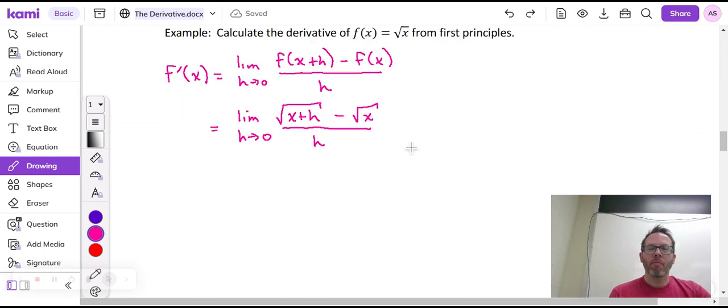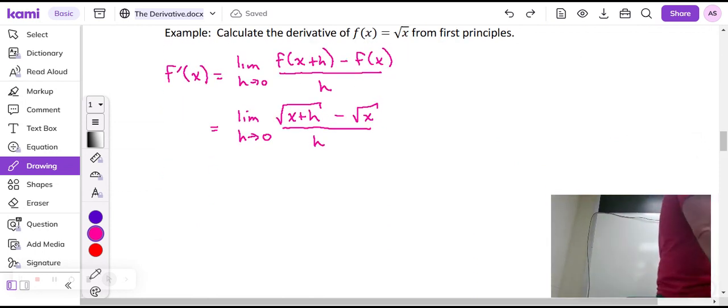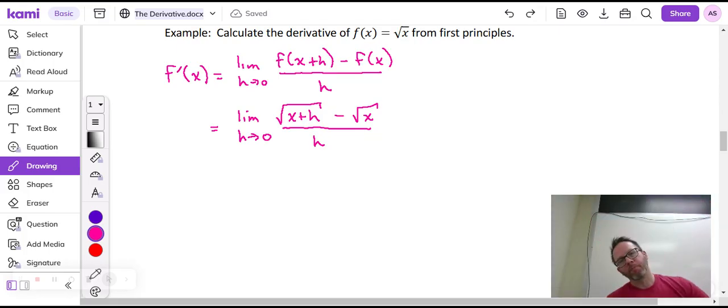All right, we're going to be using the same skills from the last several days. It'd be nice if you could just plug in h equals 0, but look what happens. We would get root x minus root x, which is 0. We get 0 over 0, not good. But we have a strategy, even though this is a bit more of a complex scenario because we have two variables, x and h. We can rationalize.